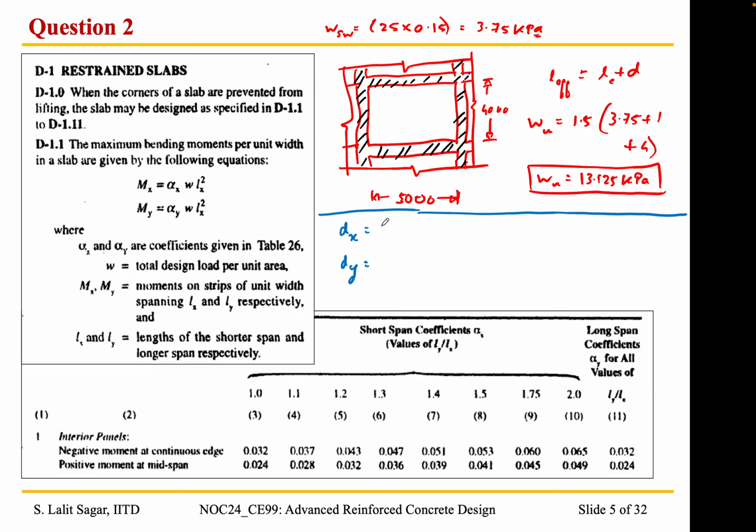This would be 150 minus 20, which is the clear cover, minus 8 by 2. So this will give me 126 millimeter. Now the effective depth along the longer direction would be 126 minus 8, so that would be 118 millimeter.